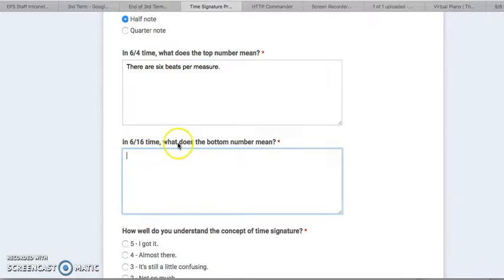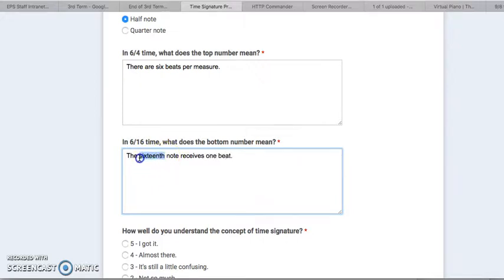In 6/16 time, what does the bottom number mean? So now again, we're asking about the bottom number. The top number would mean there are 6 beats per measure. The bottom number is 16, so this means now that the 16th note receives 1 beat.